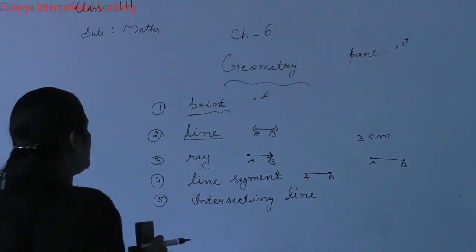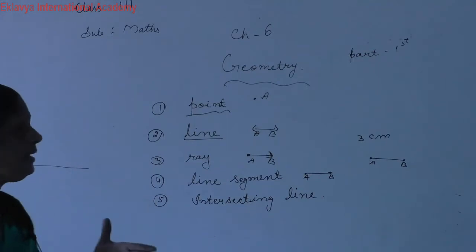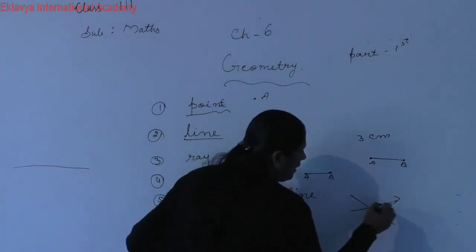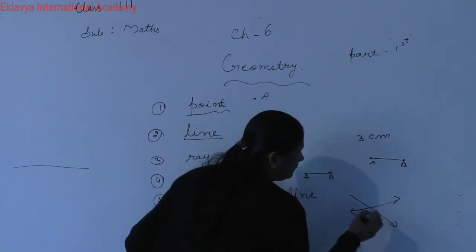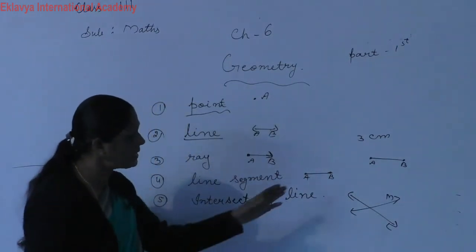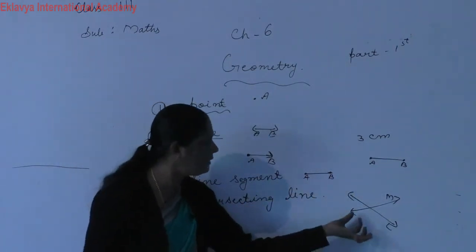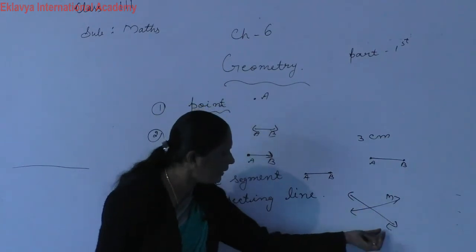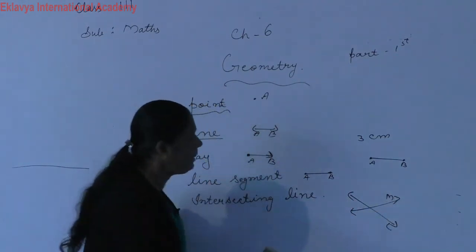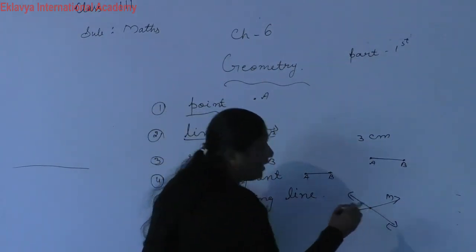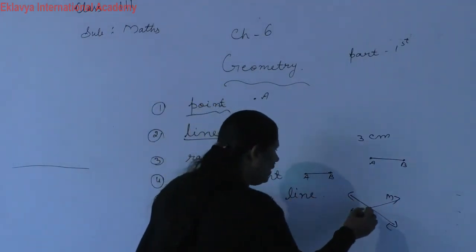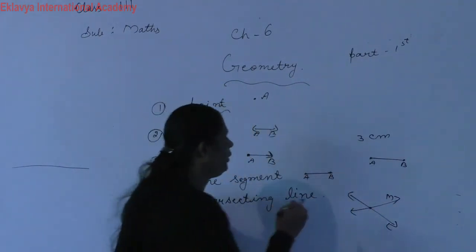Here, line L and line M. Line L is passing through line M. This point is called the intersecting point.